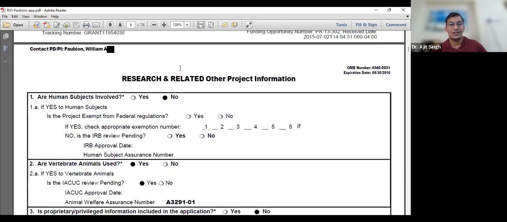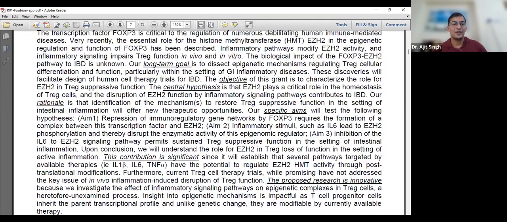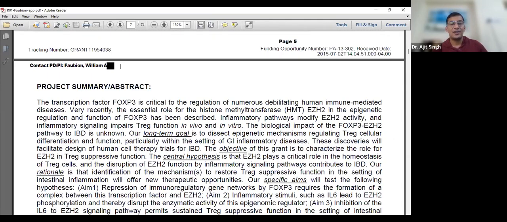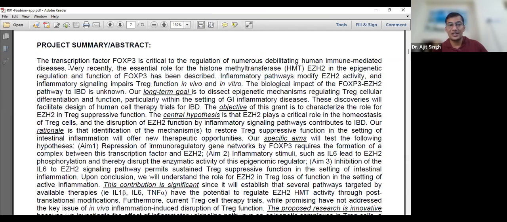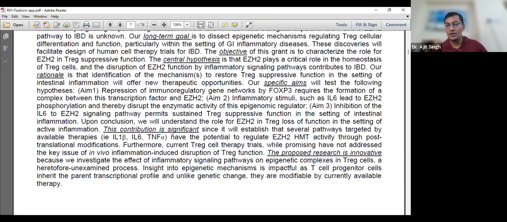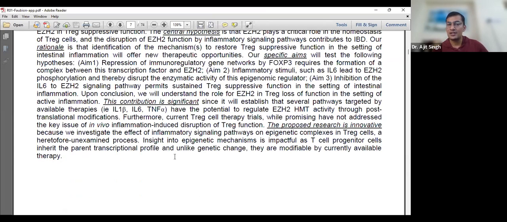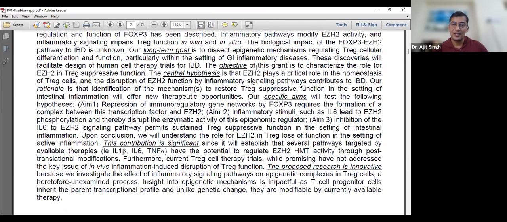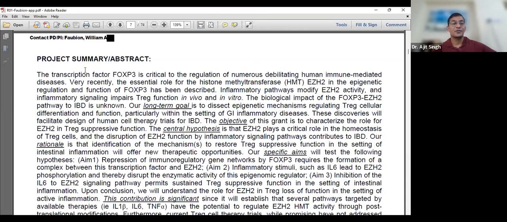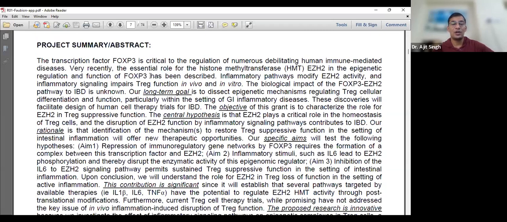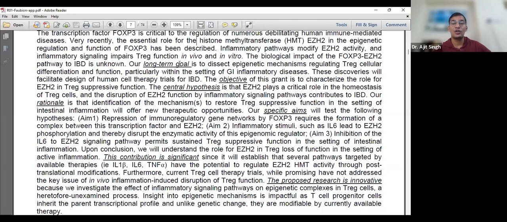Okay, so here this is the research and related other project information of the institution. Look at this project summary. They have written the very important project summary or abstract here. This is a direct abstract. Like the transcription factor, FOXP3 is a critical regulator. They have given long-term goals.